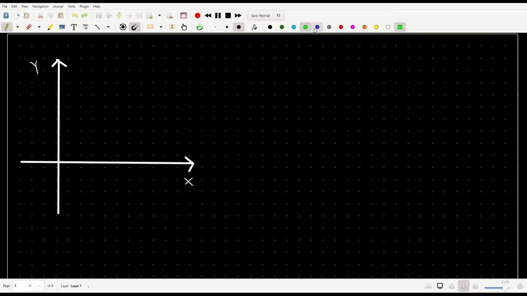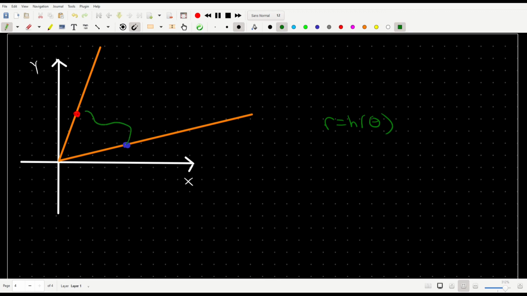One polar curve, we'll call it r is equal to h of theta, maybe that polar curve looks like this, going from here to here. This is r is equal to h of theta.